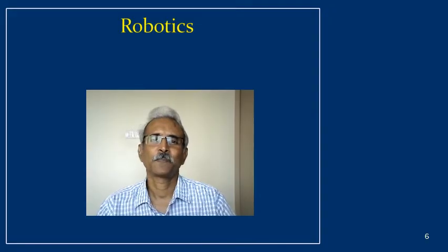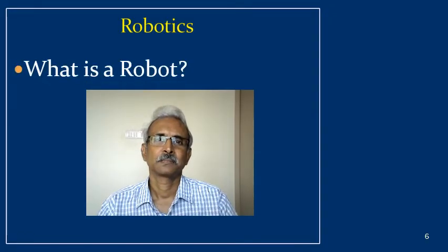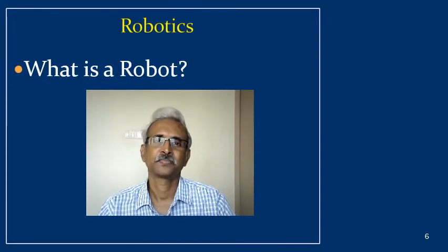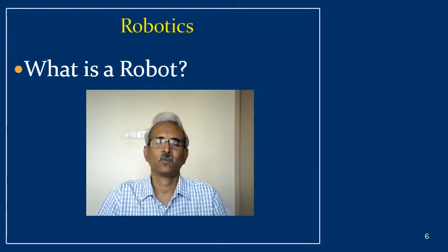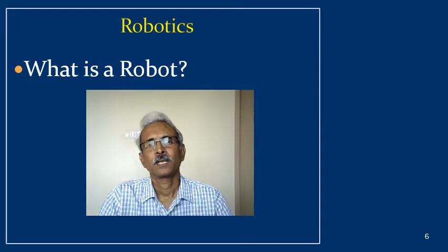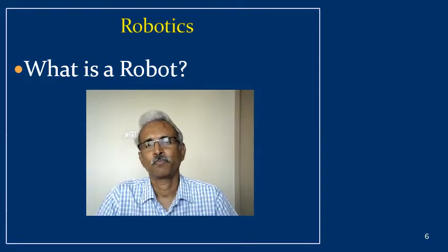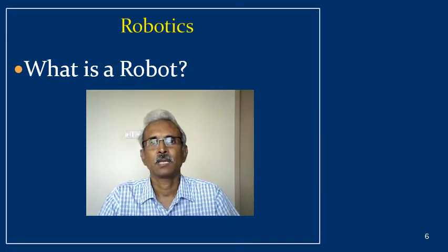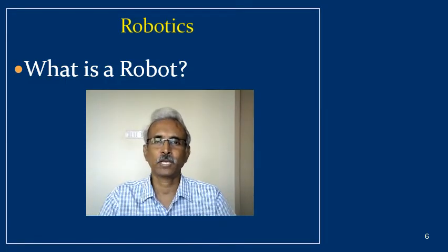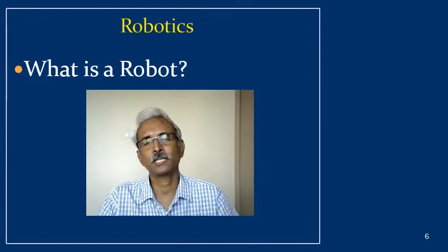So, robotics. What is a robot? It's an interesting question. Suppose I ask you this question: what do you understand by the word robot? What answer will you give? Probably someone will say it's a machine which looks like a human, and can do what a human can do, and much more than that.